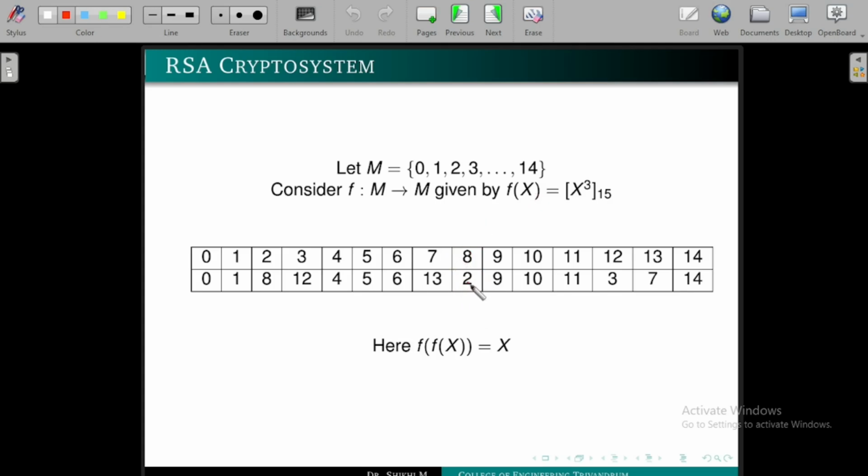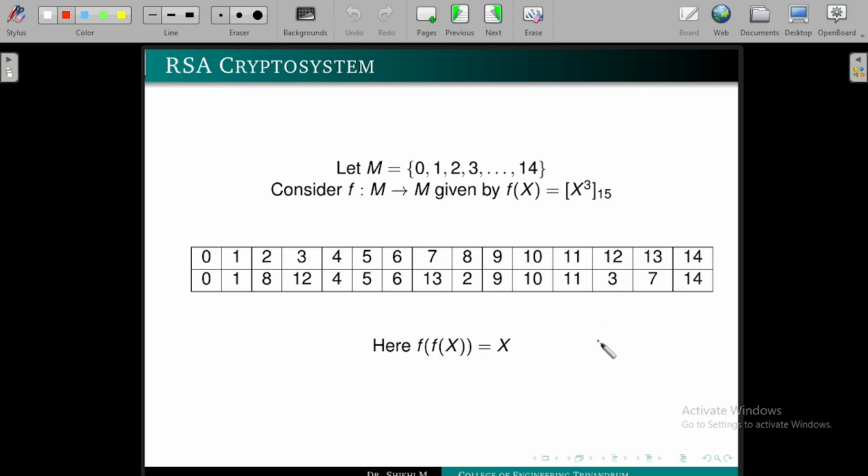For example, 2 cubed is 8, when divided by 15, the remainder is 8 itself. And if f of x equals 4, then 4 cubed is 64, when divided by 15, the remainder is 4. So the same rule is working from x to f of x and from f of x to x. We can see that f of f of x equals x itself.